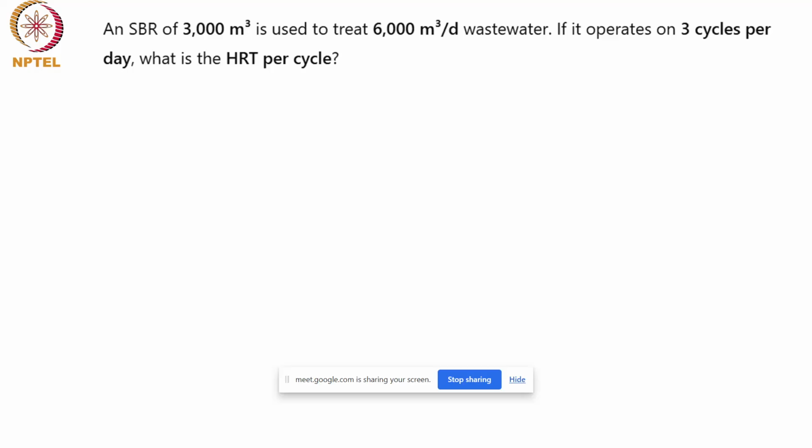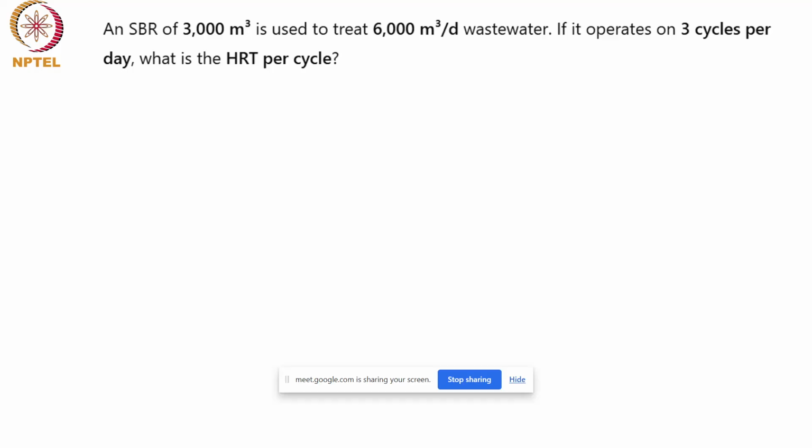Is it okay? See here, first we are calculating the total HRT. Total HRT we are getting by V by Q. It's nothing but 12 hours.